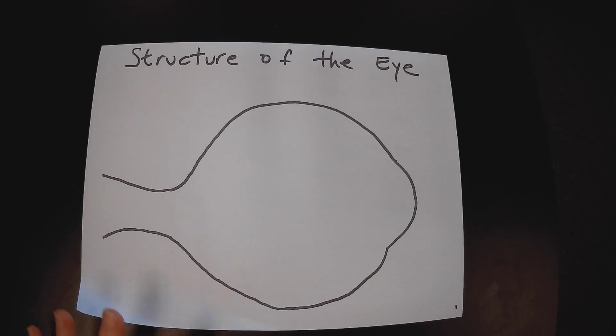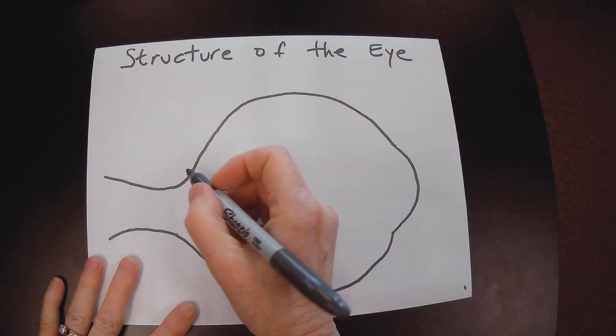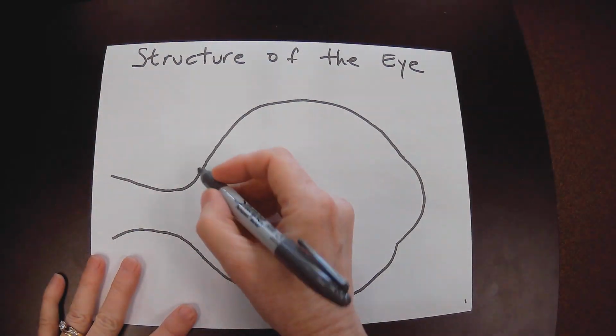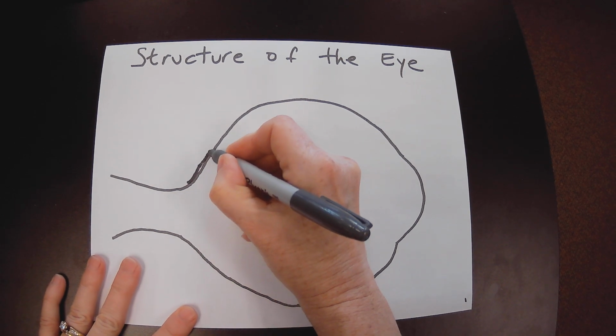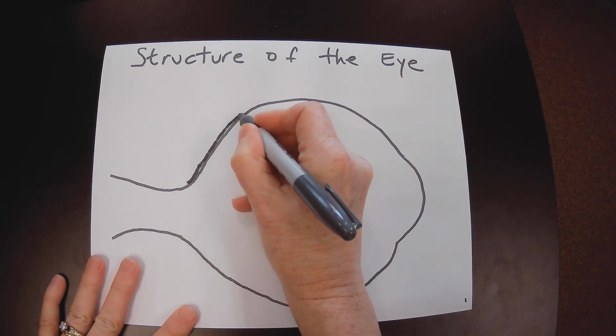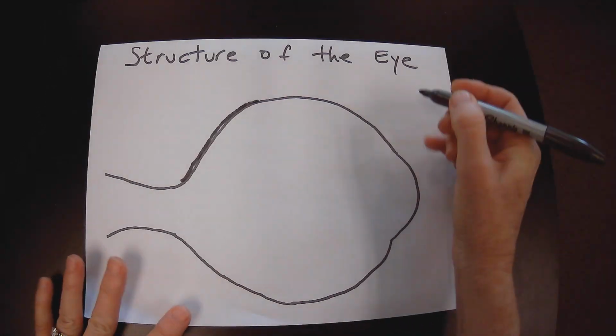And thinking about the structure of the eye, there's a couple of parts to the protective layer, which is the outermost layer for the eye. The first part, the outermost layer of the eye itself, is going to be the white part of your eye, and I'll just redraw the white part of your eye.